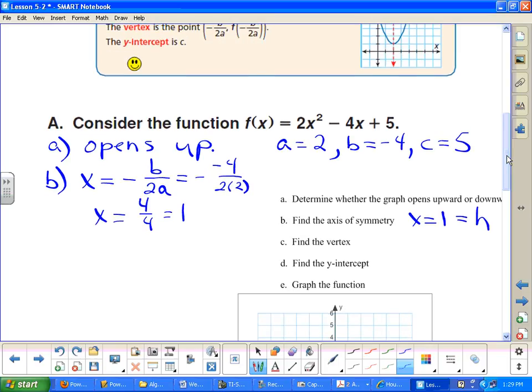So now to find the value of k for the vertex, that means we need to find the y value. So we're going to put 1 in for x. So k is going to equal 2 times 1 squared minus 4 times 1 plus 5. All right, so the value of k for the vertex, we're looking for h, k.